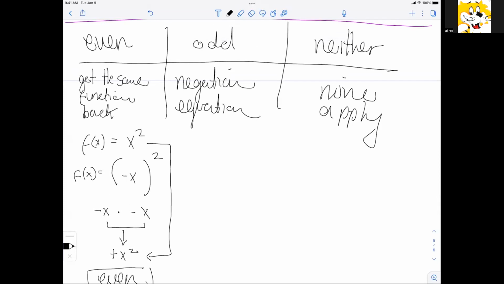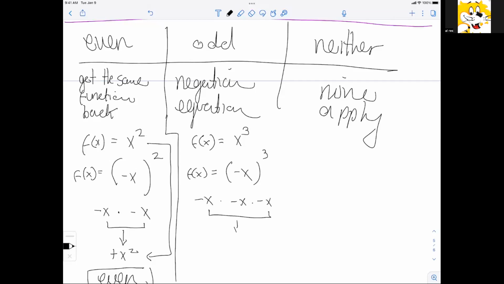Now let's do a different problem. F of x is equal to x to the third. We're going to do the same thing. F of negative x, we put parentheses and put negative x instead of x. So negative x times negative x times negative x gives me what?